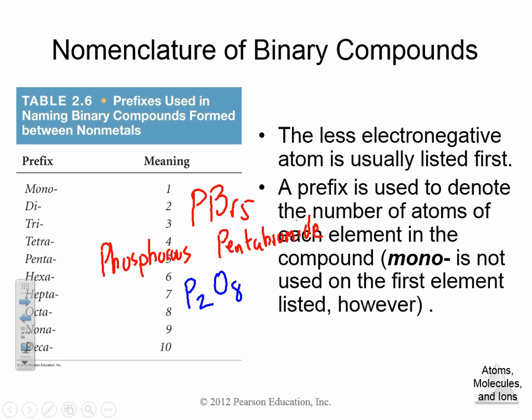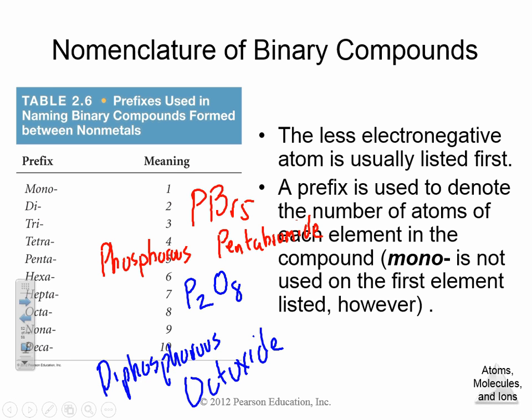What is the prefix for 2? It's di, so we're going to go diphosphorus. And the prefix for 8 is octa, and oxygen will turn to oxide, so we go octoxide. Remember, we try to avoid double vowels as well. We're not going to nitpick with the spelling of these, but remember that is an important aspect.